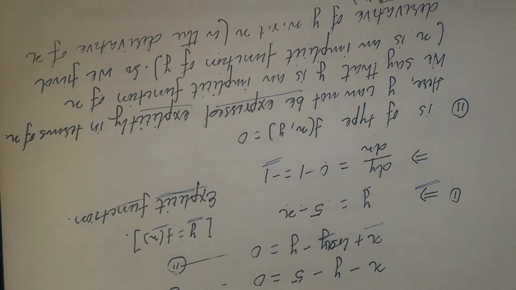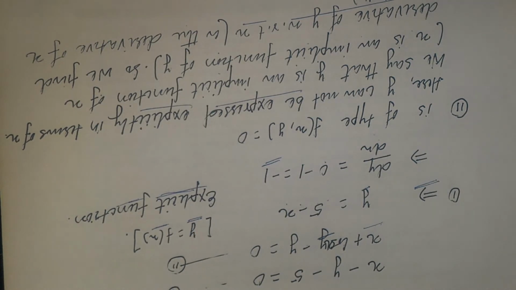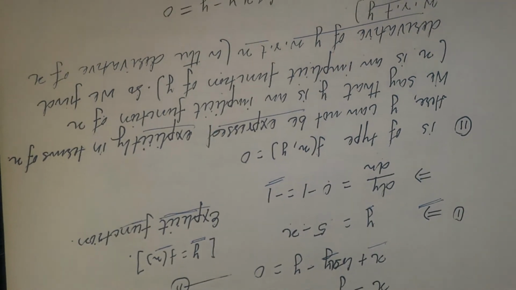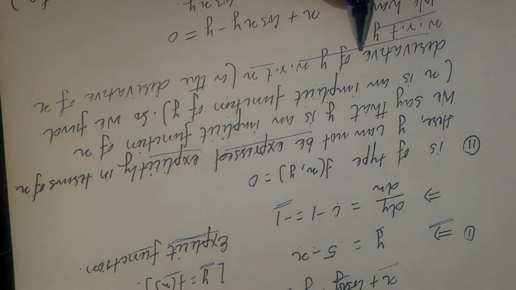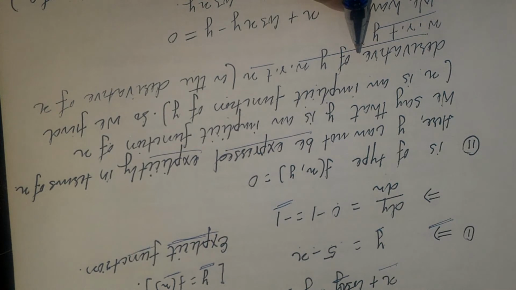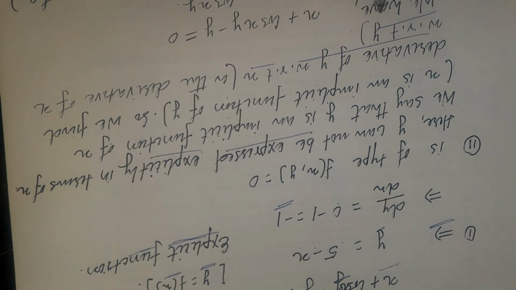So we find the derivative of y with respect to x, or we can find the derivative of x with respect to y. It depends upon the situation. So now we have come to know that when a function cannot be explicitly expressed in terms of one variable, then we call that function an implicit function.